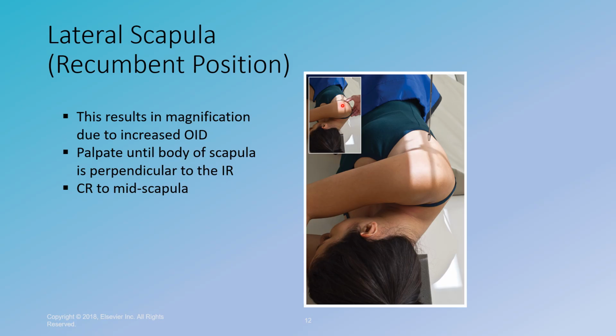And they're rotating the patient up until an imaginary line between those 2 points would be perpendicular to the IR. Central ray, you're at 40 inches to table bucky, perpendicular to the mid-scapular lateral border. But like we said, because of that increase in OID, it results in significant magnification of this image.